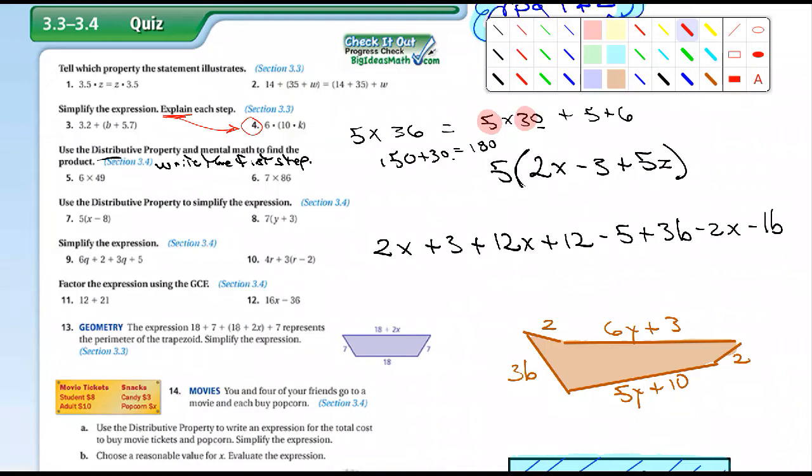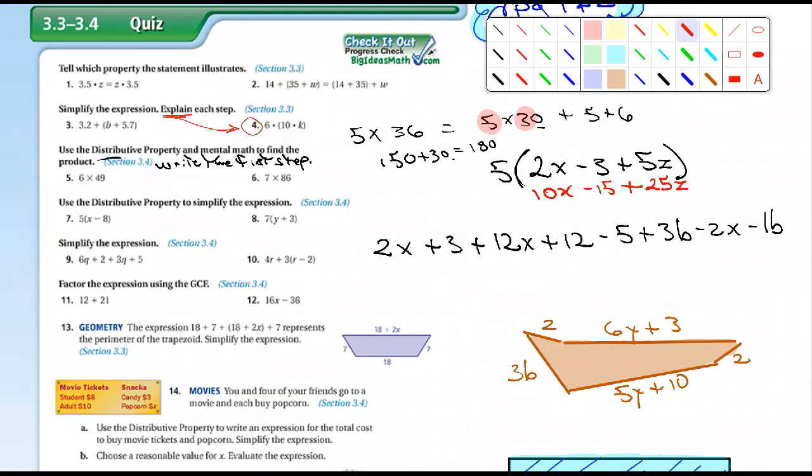5 times 2x. Yeah, so 5 times 2x is what? 10x. 10x minus, what's 5 times 3? 3 is 15. Plus, what's 5 times 5? Or 5 times 5z? 25z.